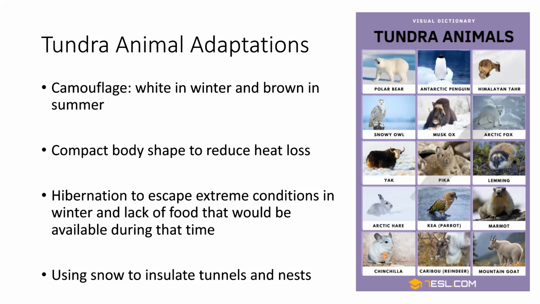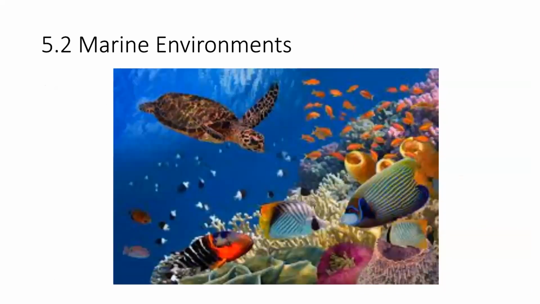Some of them are going to hibernate just to avoid the extreme cold conditions in the winter, especially when there's going to be limited resources at that point as well. And other ones are just going to tunnel and burrow just to keep themselves out of those conditions when possible. So they'll use the snow, similar to the plants, just to insulate and protect themselves.